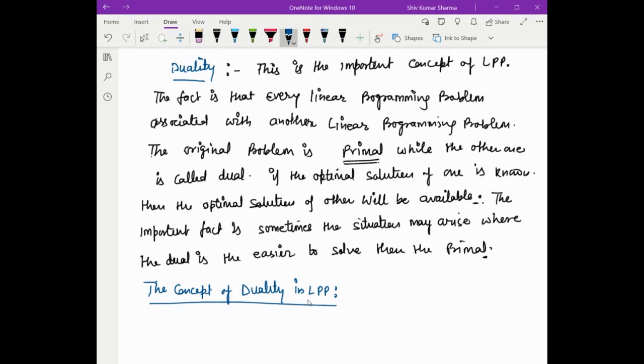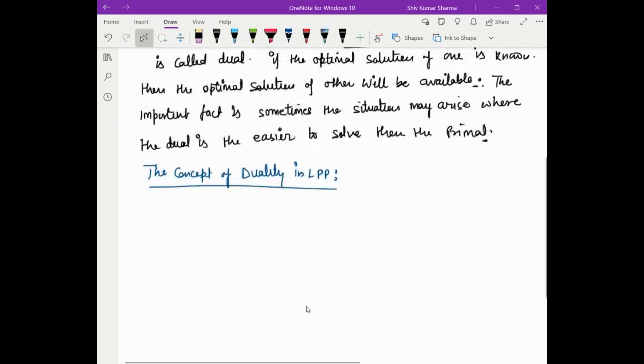We consider a problem related to the diet problem.